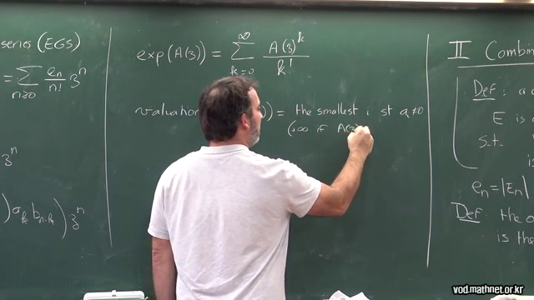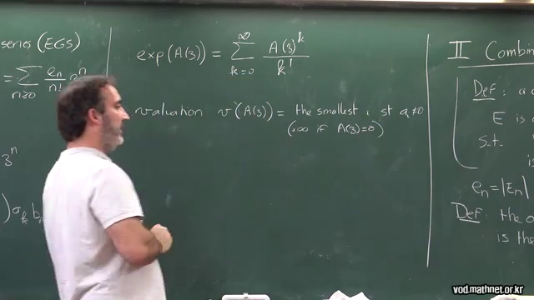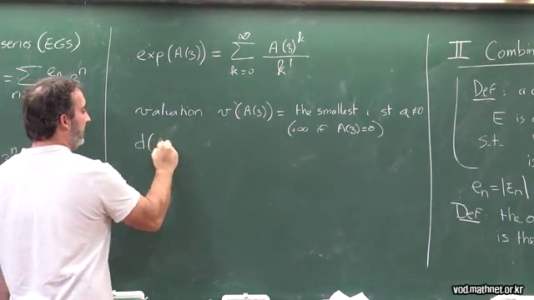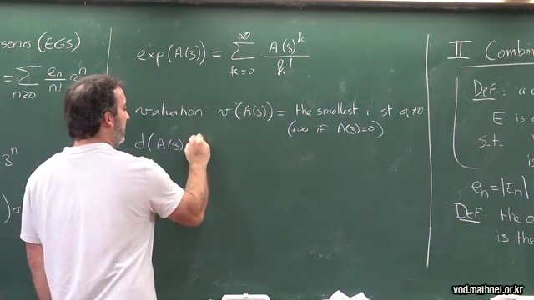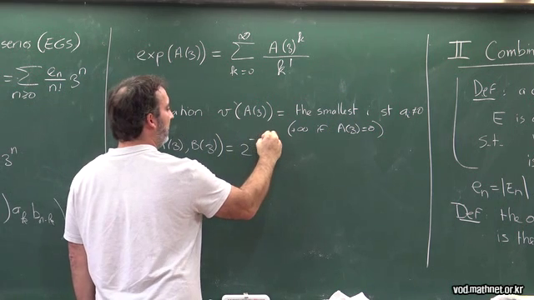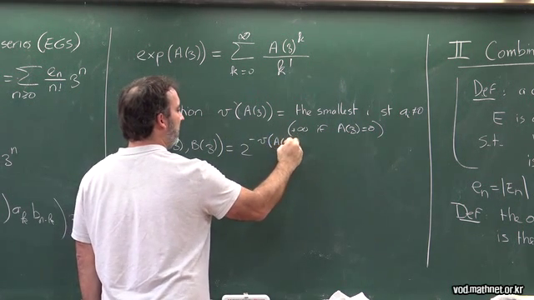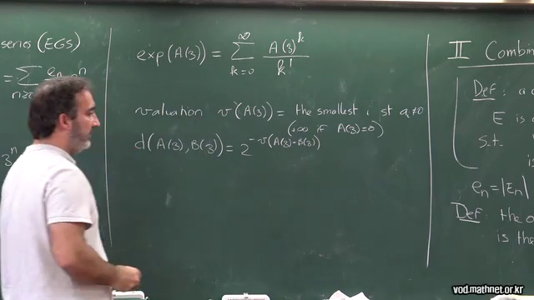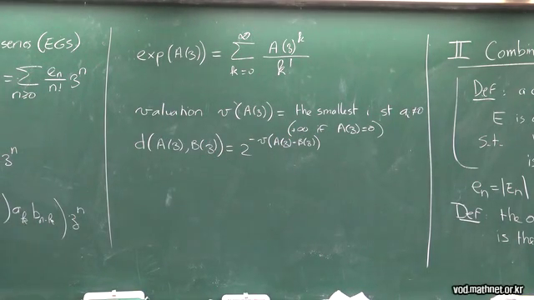If the series is just 0, you take infinity. And you say that the distance between two series is, for instance, 2 to the minus the valuation of the difference. So it means that you converge for this distance when you have more and more coefficients, starting from the start, that are the same. Okay, so that's my topology.